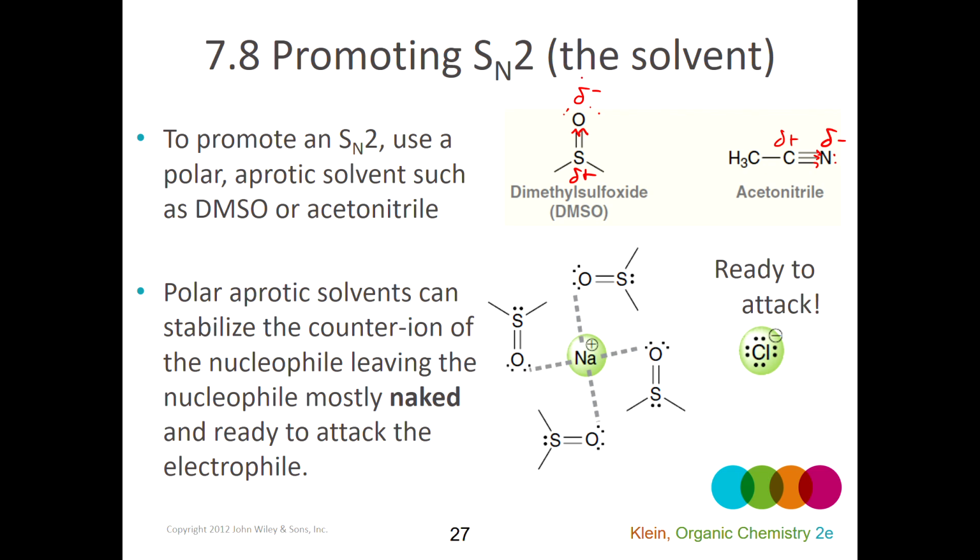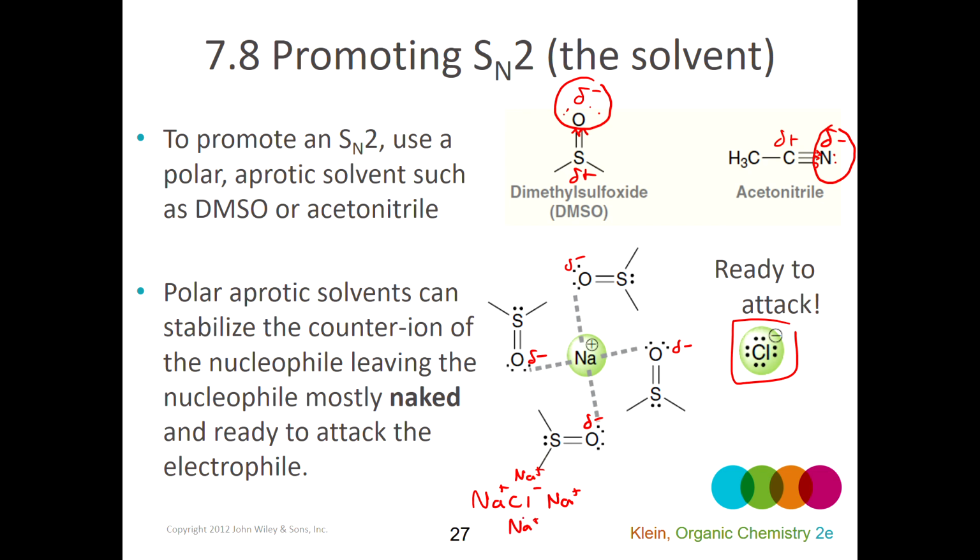And the negative part of that is exposed and pretty highly concentrated with negative, so it can form some pretty nice attractions to the counterion of the nucleophile. We don't usually think about the counterion, but it's pretty important because if I can't attract this counterion to let my nucleophile free, well then the nucleophile will be stuck forming attractions with the counterion.